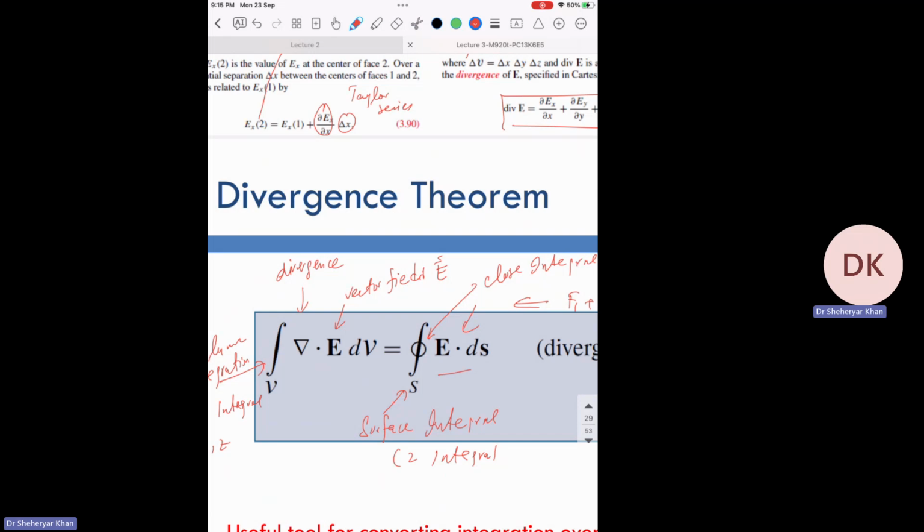And when you do this surface integration, you do it 1, 2, 3, 4, 5, 6 times. So let's say you have Q, you do it 6 times, and then compute the flux. But this operator also finds the flux. So this will automatically find the flux, and then you do the integration.